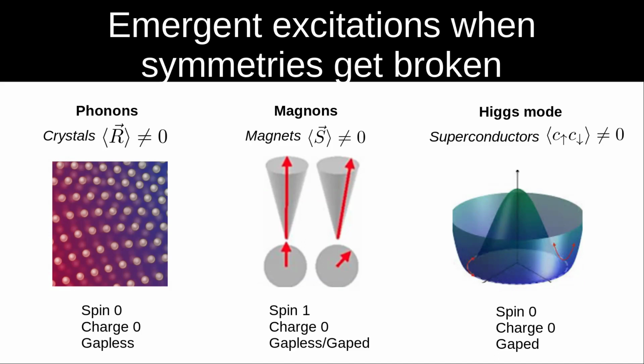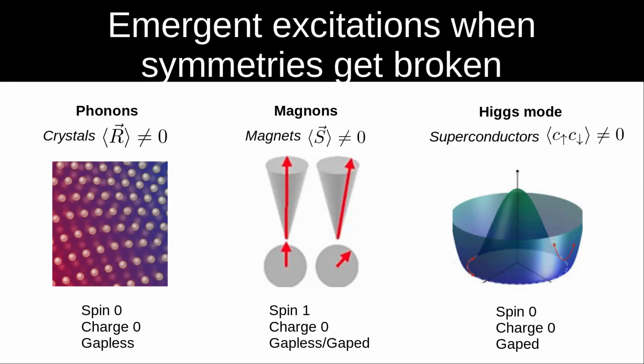Some of the interesting points about these quasi-particles is that they can show properties completely different from the original building blocks of materials, which were electrons. So phonons are quasi-particles that have spin 0 and charge 0, and they are gapless in all materials. Magnons are quasi-particles that have spin 1, so in a way they behave as if they were two electrons, but they actually have charge 0.